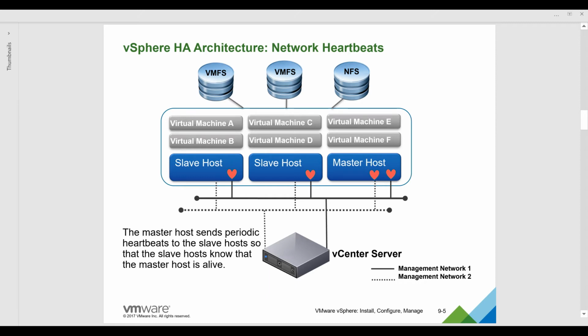I led into that with the data store heartbeats and network heartbeats. It sends a UDP signal to each other in the cluster, just letting them know, hey, I'm up, I'm still talking, the agents are good. After a certain timeout, if it can't respond, that's when it'll look at the data stores, and if it still can't, it decides the agent's not running, so the host must not be running, and that this host is offline.